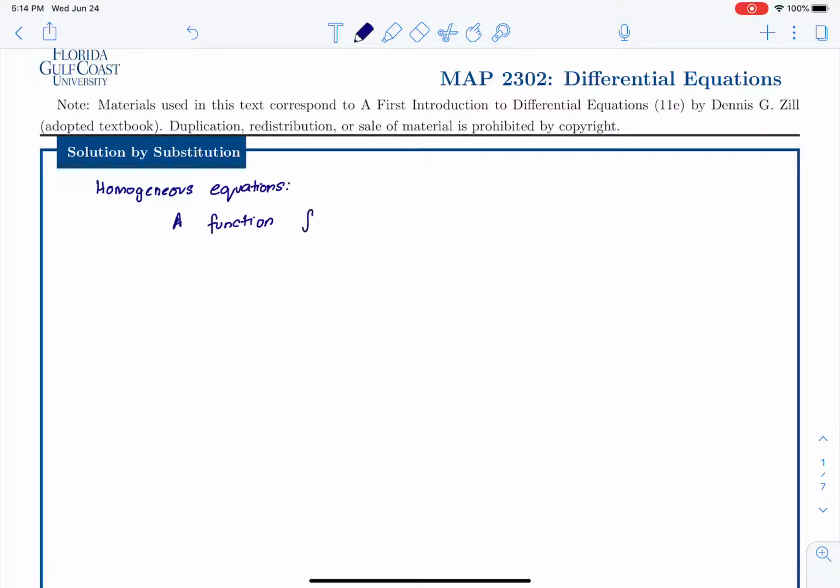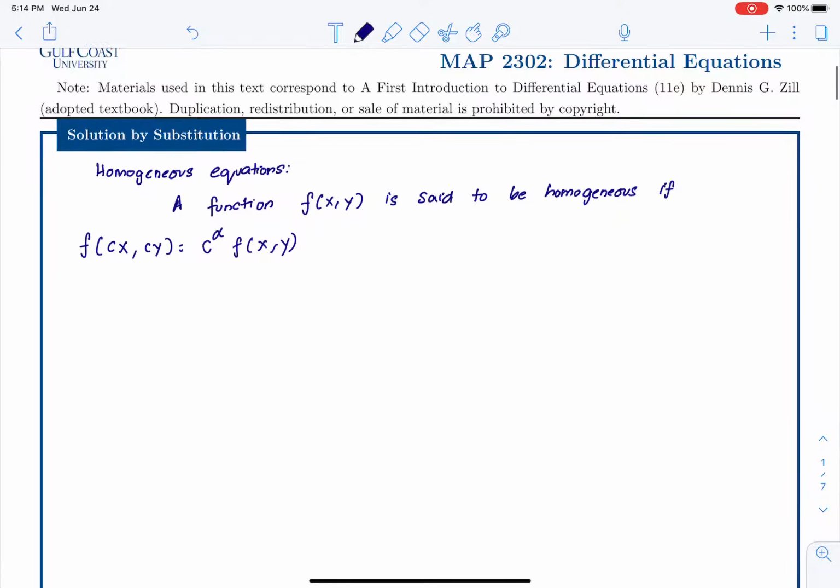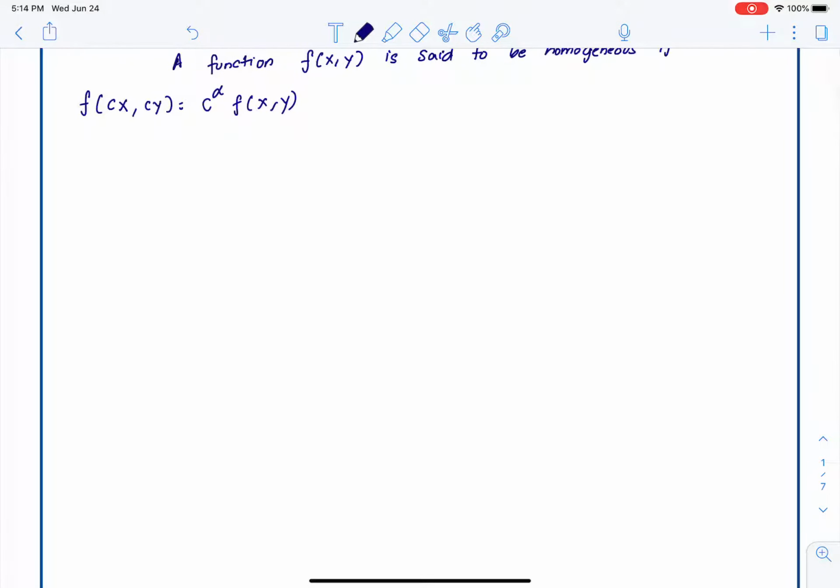A function f of x comma y is said to be homogeneous if f of cx comma cy is equal to c raised to some number alpha times f of x comma y. If that condition is satisfied, then we call it a homogeneous function.